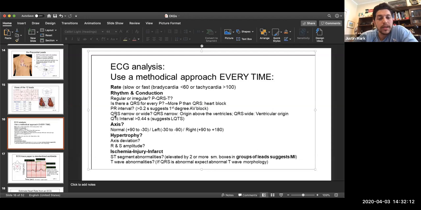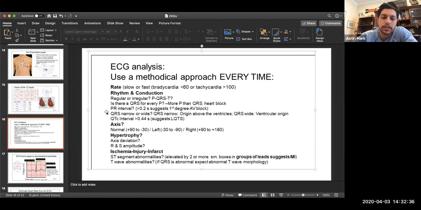The QRS complexes, is it narrow or wide? This is important because it could represent conduction delays through the ventricles, namely right bundle branch blocks, left bundle branch blocks, etc. The QT or QTC interval should be, I've seen 0.4 to 0.45, I think for males, and 0.4 to 0.47 for females.